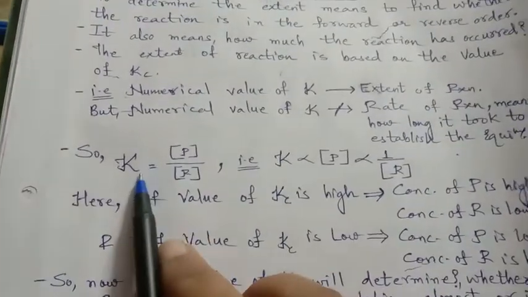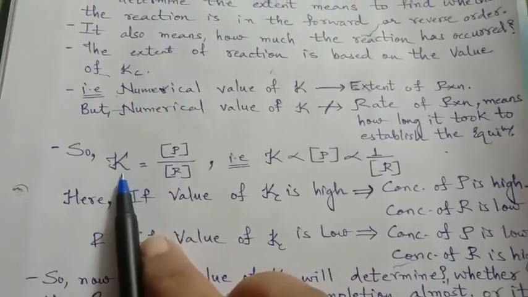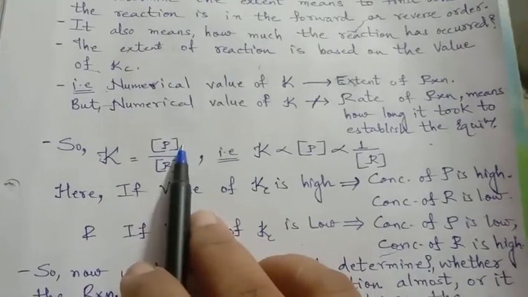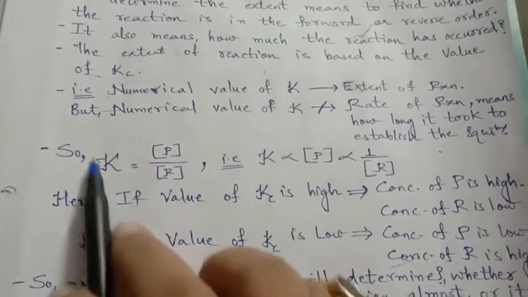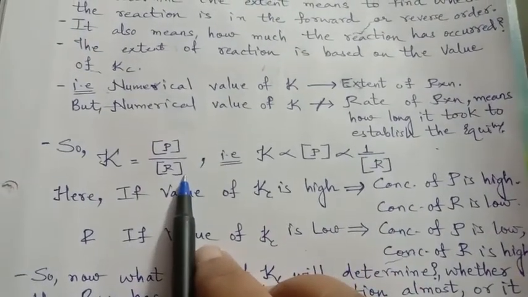As per our formula, equilibrium constant is equal to concentration of product divided by concentration of reactant. So what can we say from this formula?